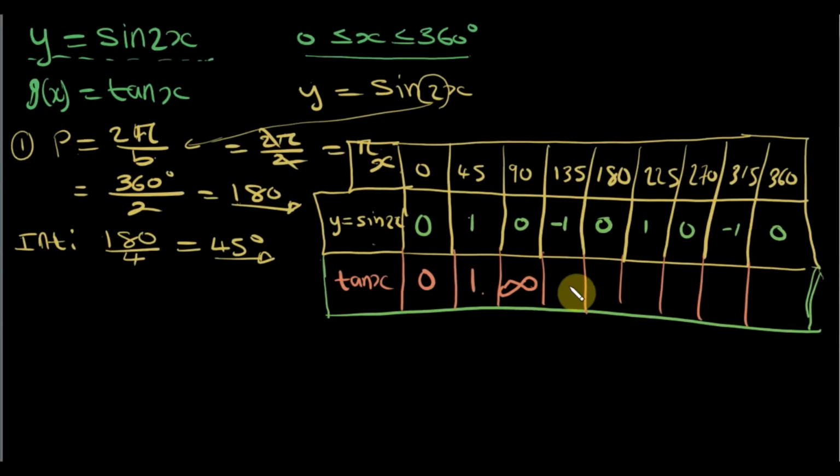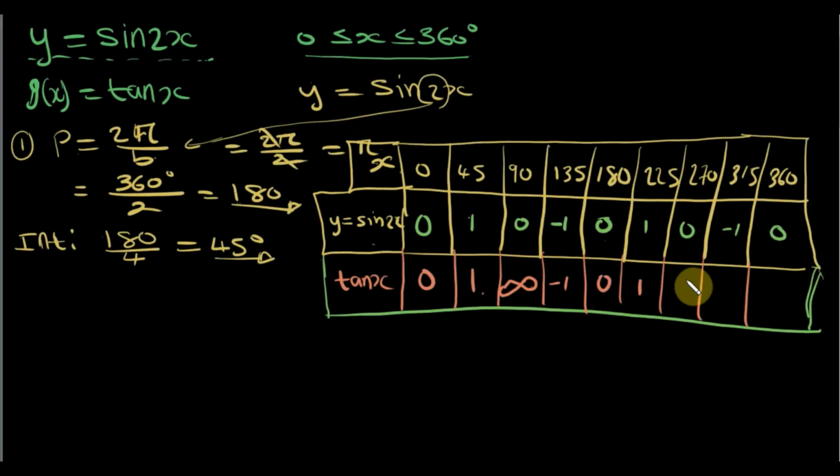Tan 135 is minus 1. Tan 180 is 0. Tan 225 is 1.